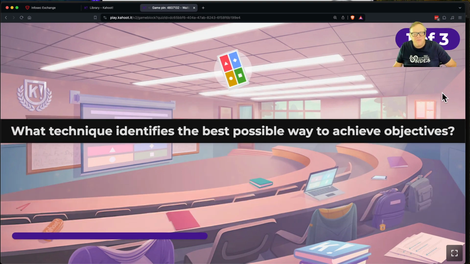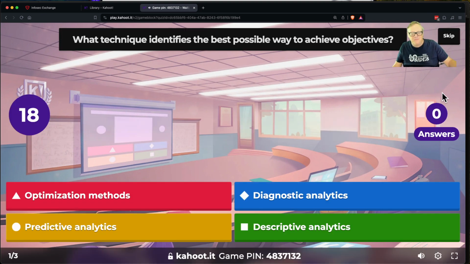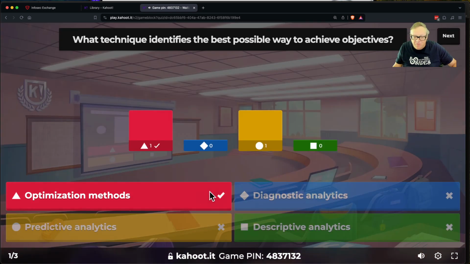All right. Which technique identifies the best way to achieve your objectives? Of course, that's optimization. All right.